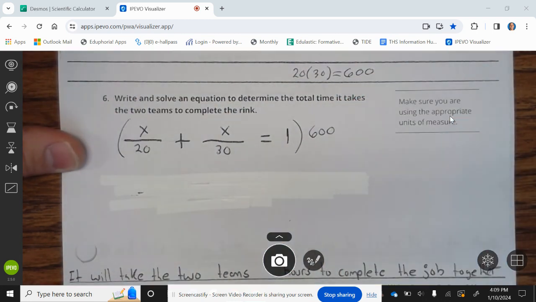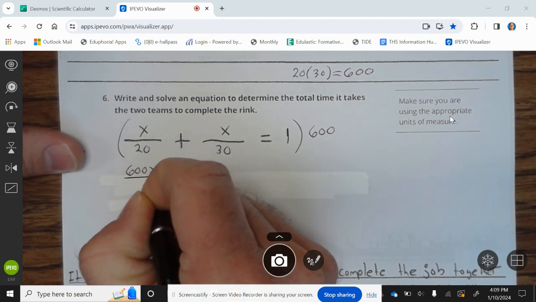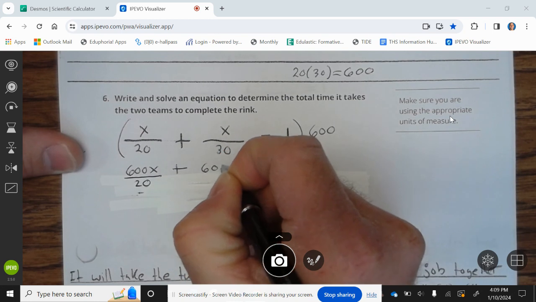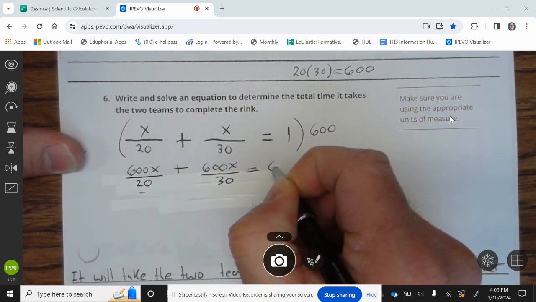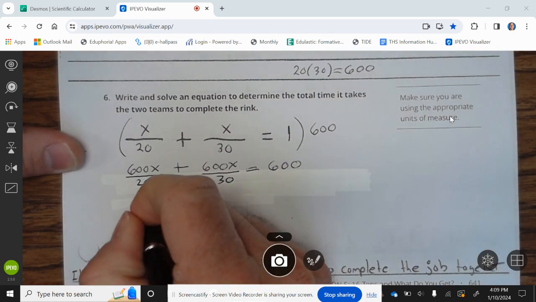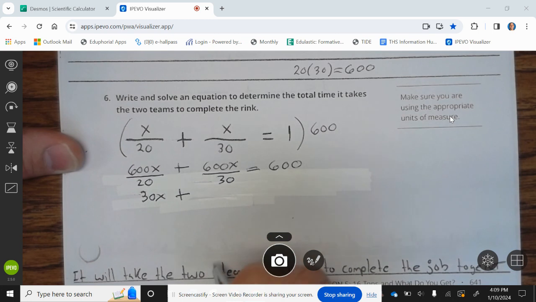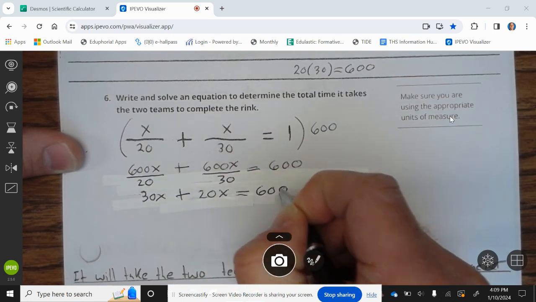So 600 times X divided by 20, plus 600X divided by 30, equals 600. Well, 600X divided by 20 simplifies to be 30X, plus 600X divided by 30 simplifies to be 20X, equals 600.